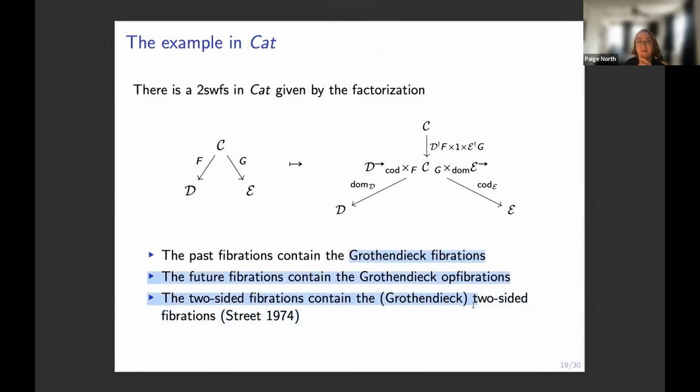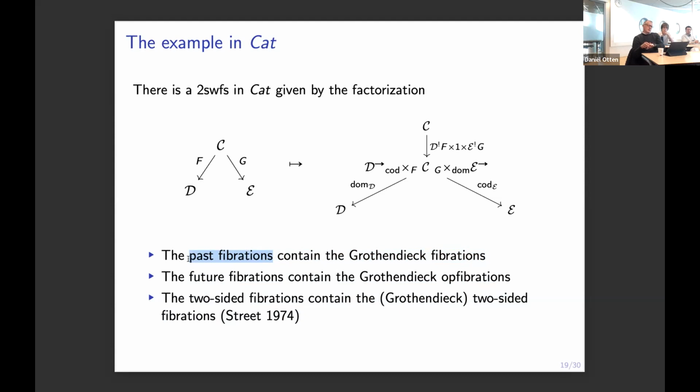I guess all three points are really the same. The right class of this canonical weak factorization system on CAT is the retract closure of the Grothendieck fibrations. Okay. So what else is in there? I don't know, but that helps me understand the relationship.